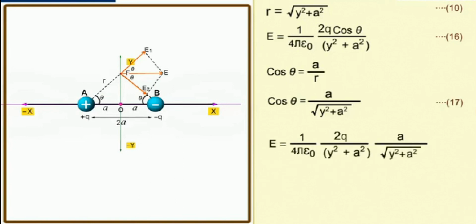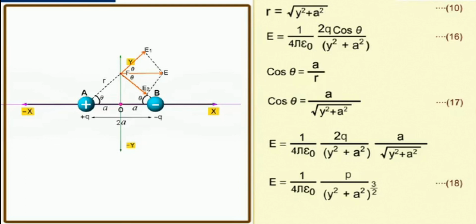Substituting equation 17 in equation 16 and simplifying, we get the equation for the magnitude of the resultant electric field E at point F. Since the dipole moment p is equal to 2aq, we get E is equal to 1 by 4 pi epsilon naught into p by y square plus a square, whole power 3 by 2. Let us label it as equation 18.